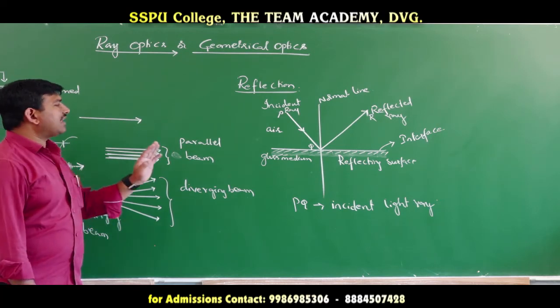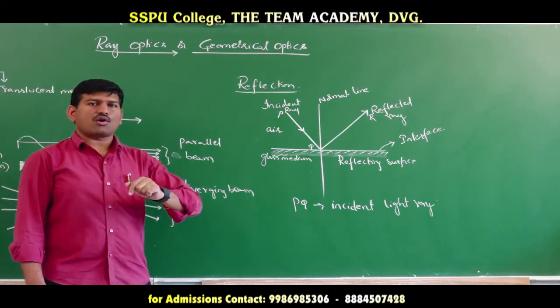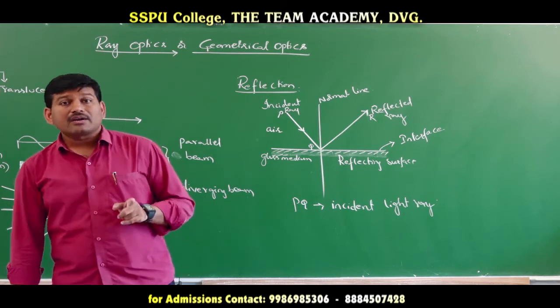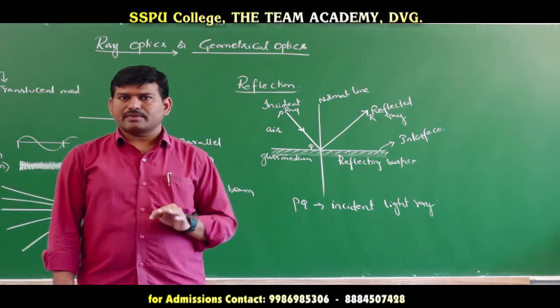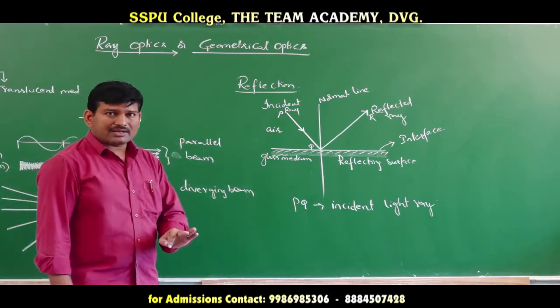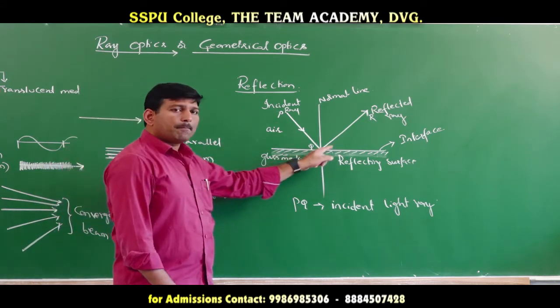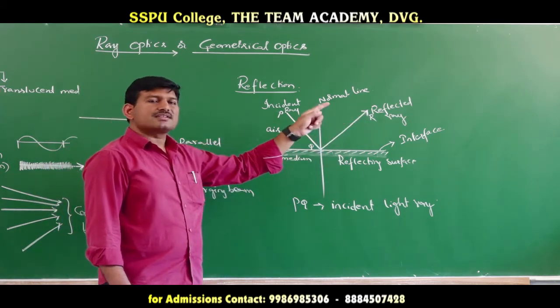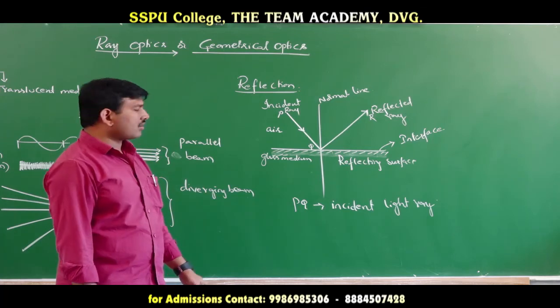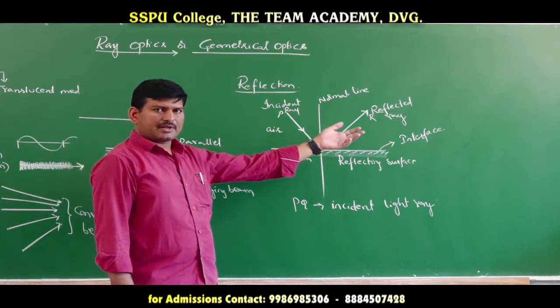Then what is reflection? Reflection is an optical phenomenon, yes or no? It is an optical phenomenon in which a light ray bounces back into the same medium, or comes back into the same medium.